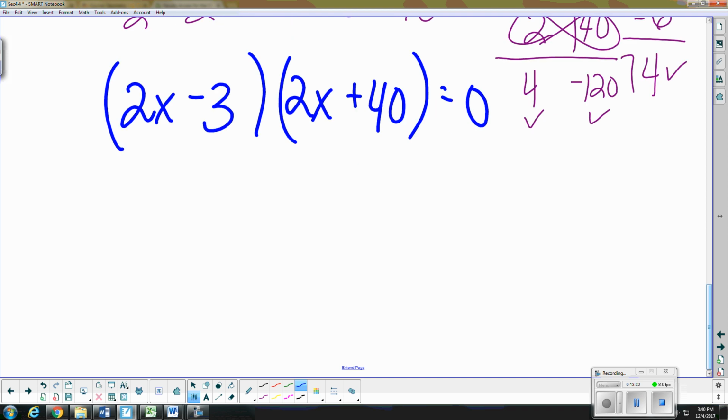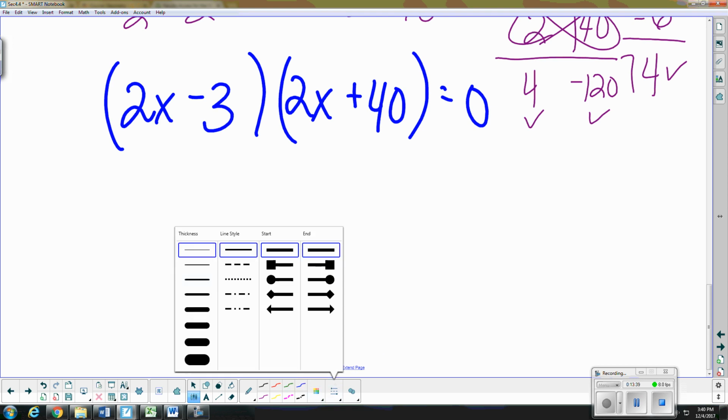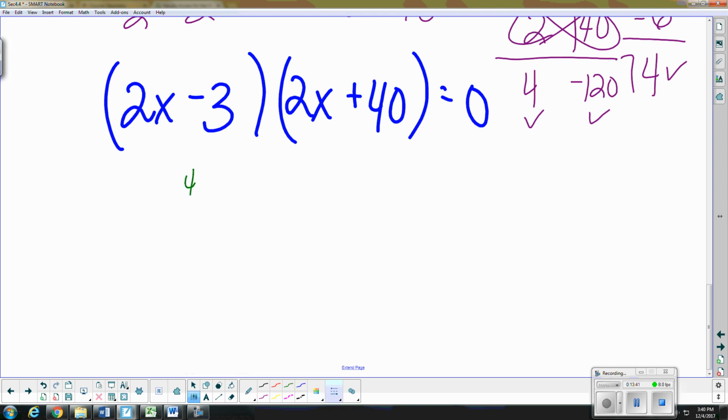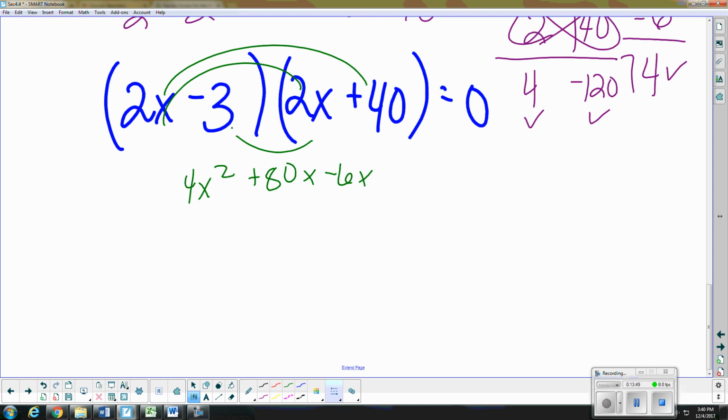And again, just to double check, you can always go back and use FOIL. So 2 times 2, that's 4x squared plus 80x minus 6x minus 120.